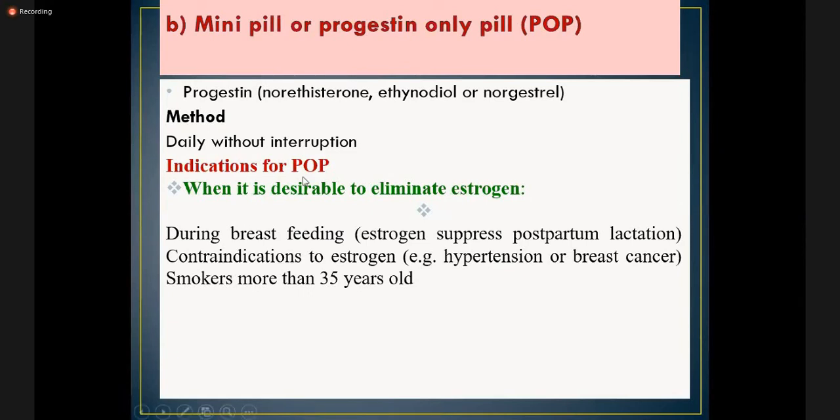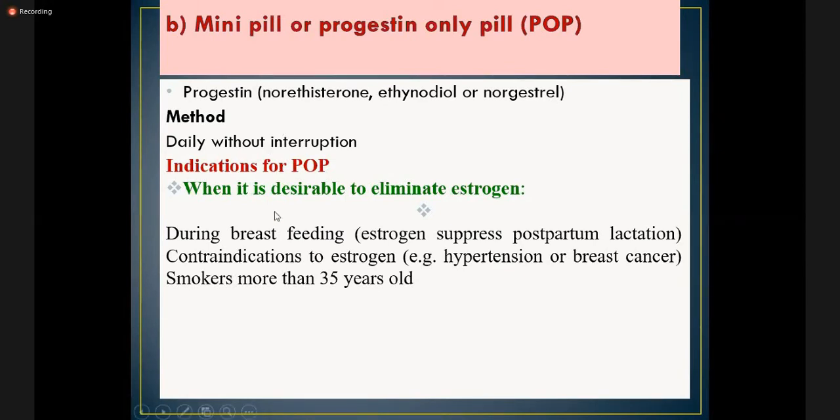Indications for the progestin-only pill: when it is desirable to eliminate estrogen. There are conditions in which a female cannot afford the activity of estrogen. One key example is a history of breast carcinoma, or having breast carcinoma, where estrogen should be avoided.